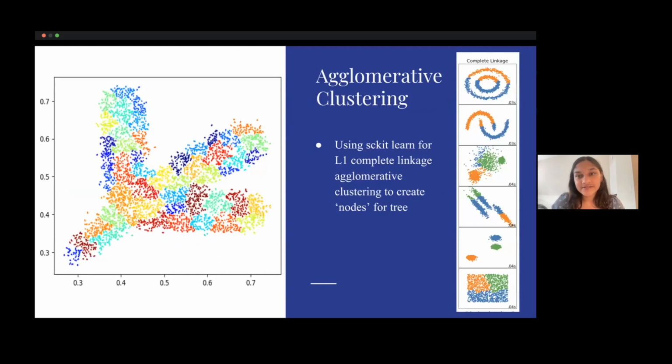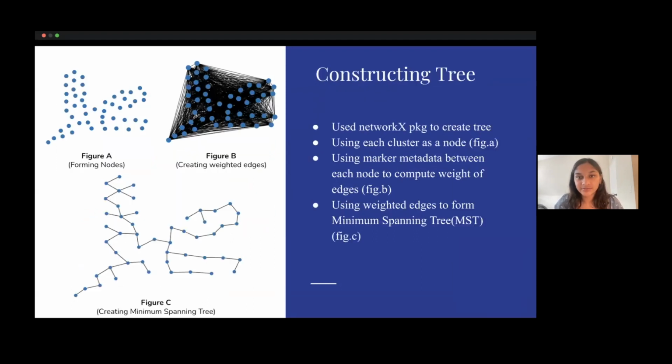Once we downsample it, we can use agglomerative L1 single linkage clustering to cluster it into different cell populations. Here, each cluster is represented by one color, and one cluster represents one specific cell population. Now that we've clustered it, we can go ahead and construct a tree out of it.